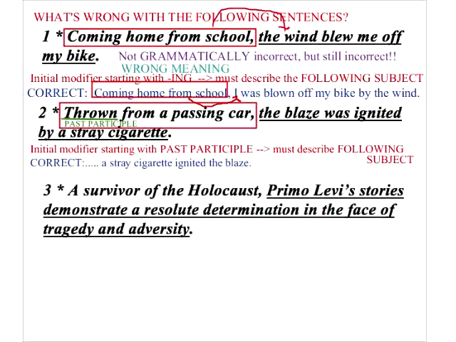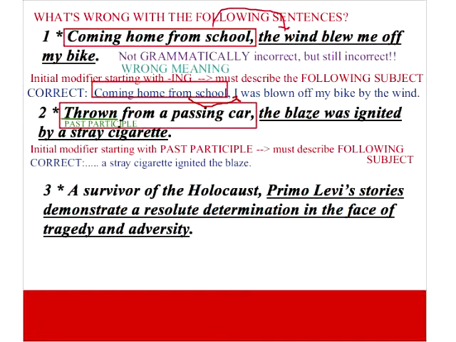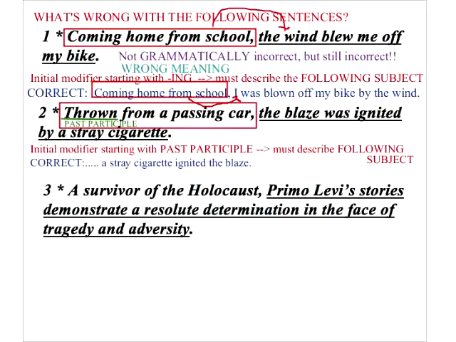Okay, here's the third one. What's wrong with this sentence? Yeah, you've got a survivor of the Holocaust.